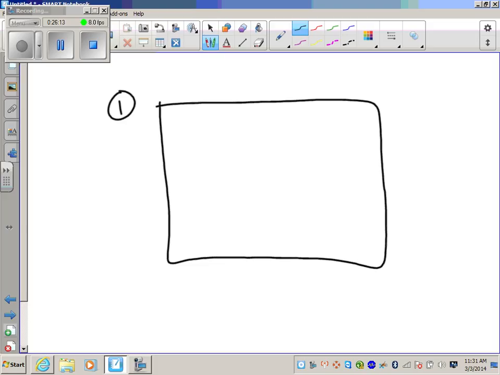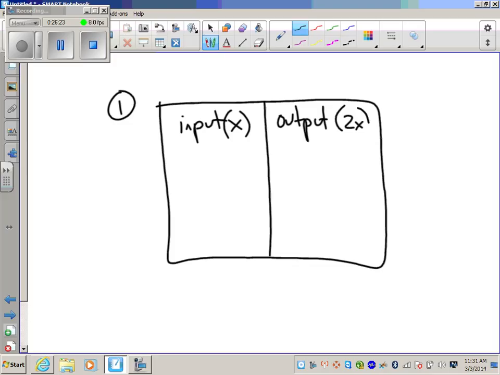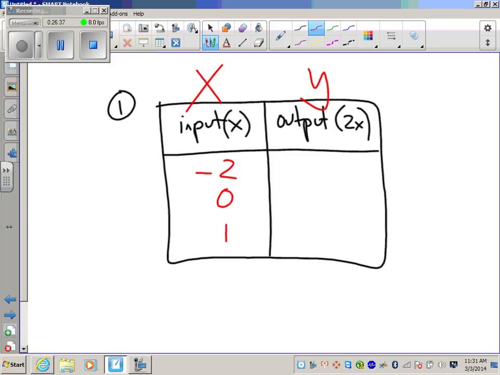For number 1, 2, and 3, they give you input x, and then they say output is 2x, okay? All of the values in that column are going to be your x. All the values in this one are going to be your y.